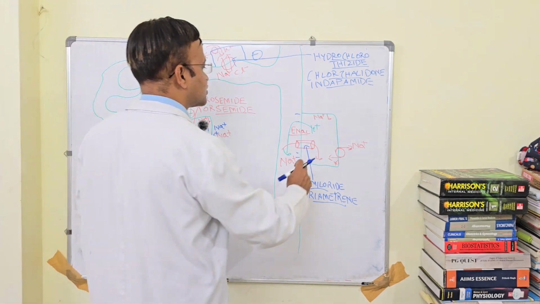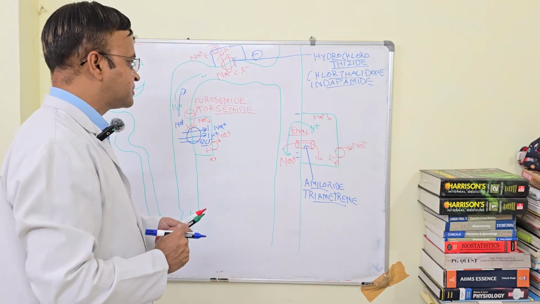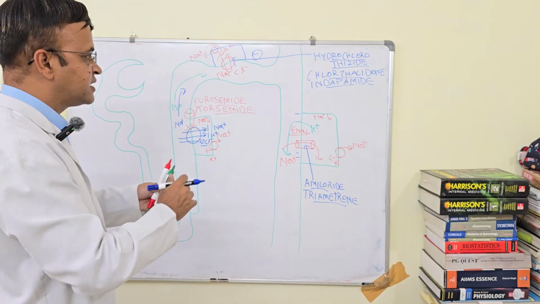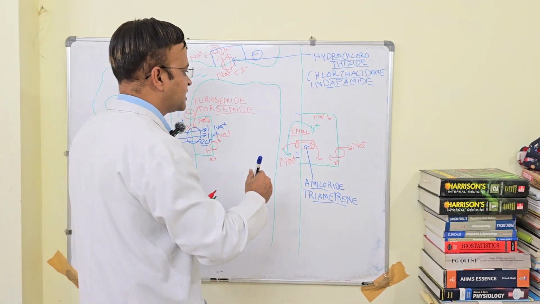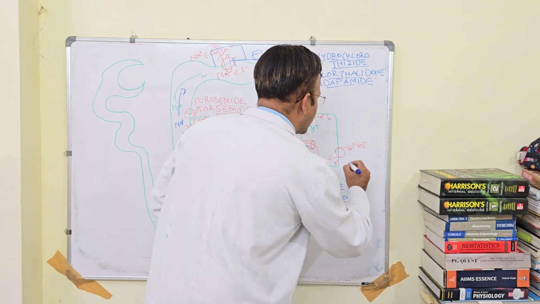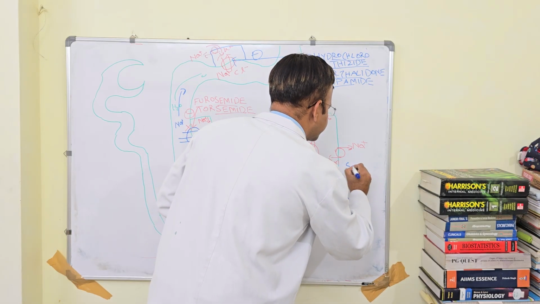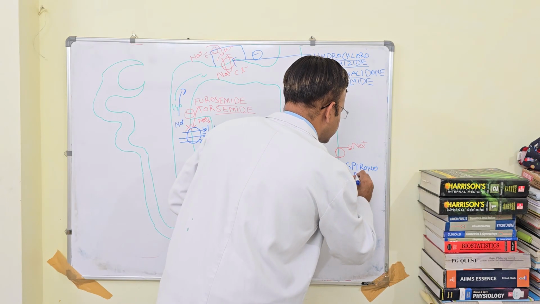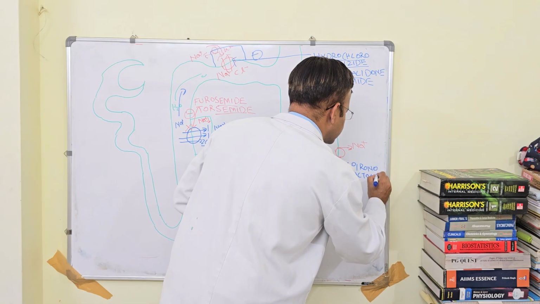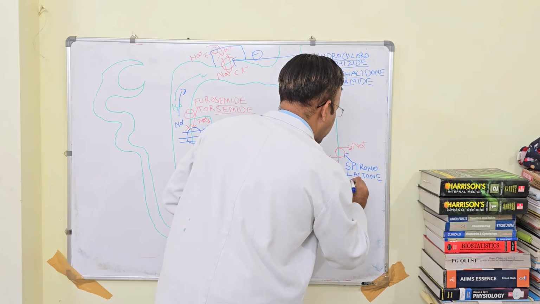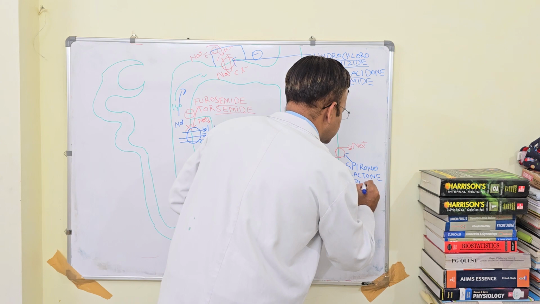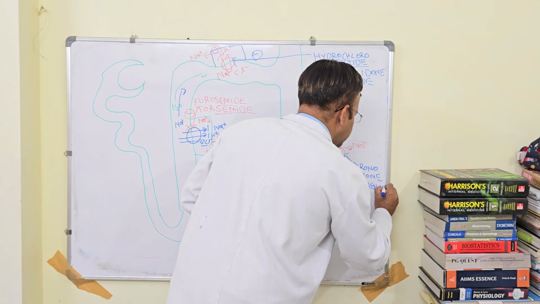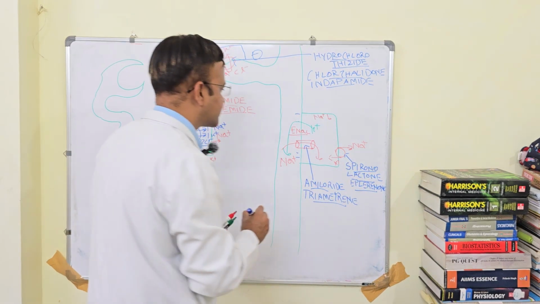There are also diuretics which inhibit the sodium potassium ATPase pump, and those are spironolactone and eplerenone. These are also called potassium sparing diuretics, right?